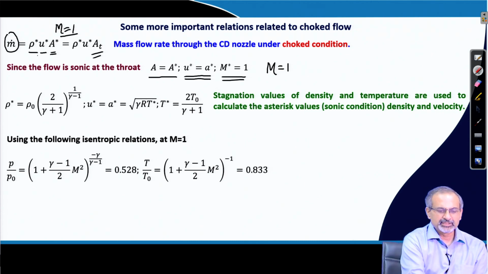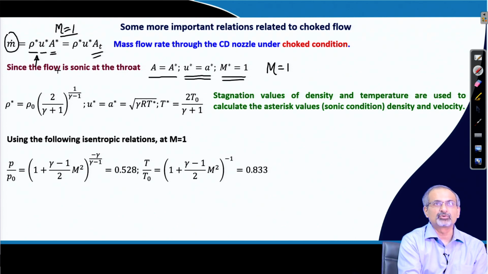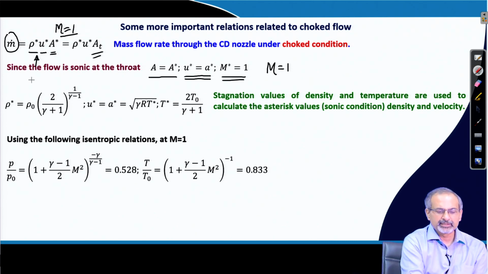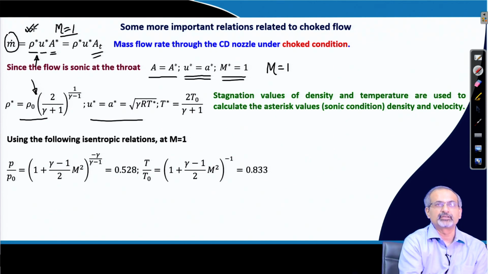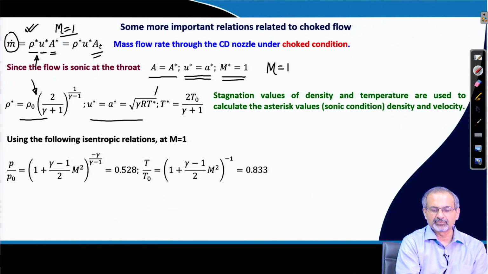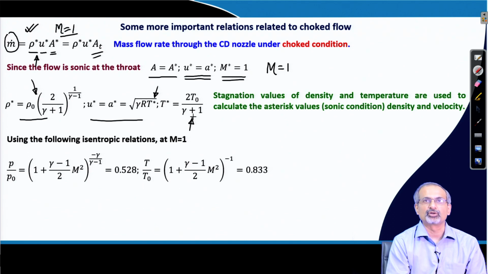Now, in this equation, if you really want to work out rho star u star, how do you do it in terms of the stagnation properties? This is how you do it. These are the relations for rho star u star, which you can plug in and work out in the m dot equation. u star is given by this relation where T star is involved, and then again p star is expressed in terms of T naught.